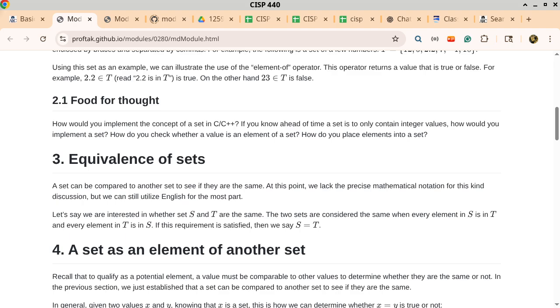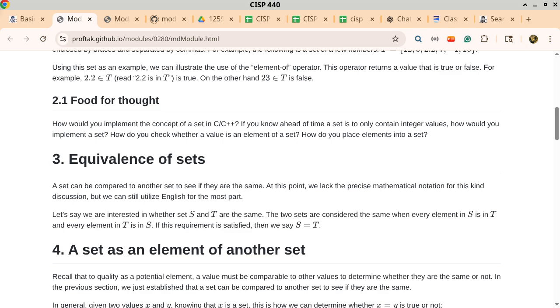The definition in this case is that the two sets are considered to be the same when every element in S is also in T and every element in T is also in S. Whatever you can find in one, you can find in the other. Doesn't matter what the order is. That is correct. Yep. So that's how we can define equivalency of sets.